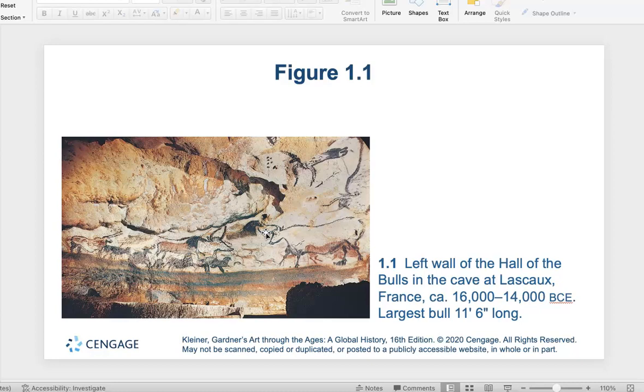So when you look at prehistoric art, you're going to see a lot of pictures of animals. A lot of bovine creatures, oddly enough. Bulls, bison, that kind of thing. Well, that's when I say bovine creatures. I guess sheep could also be bovine creatures, but you know what I mean, right?